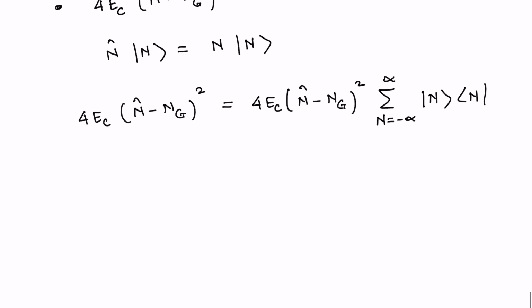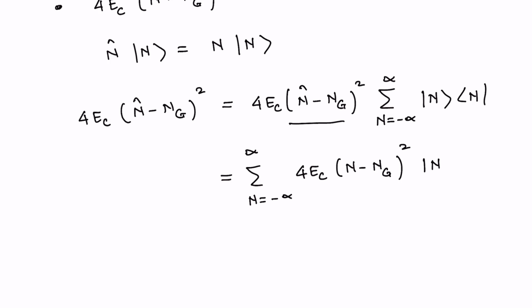This I can now write as, because this term is diagonal, the sum over n from minus infinity to plus infinity of 4Ec (n minus nz), because of the eigenvalue, this is what I am going to get, and I have here ket n bra n.